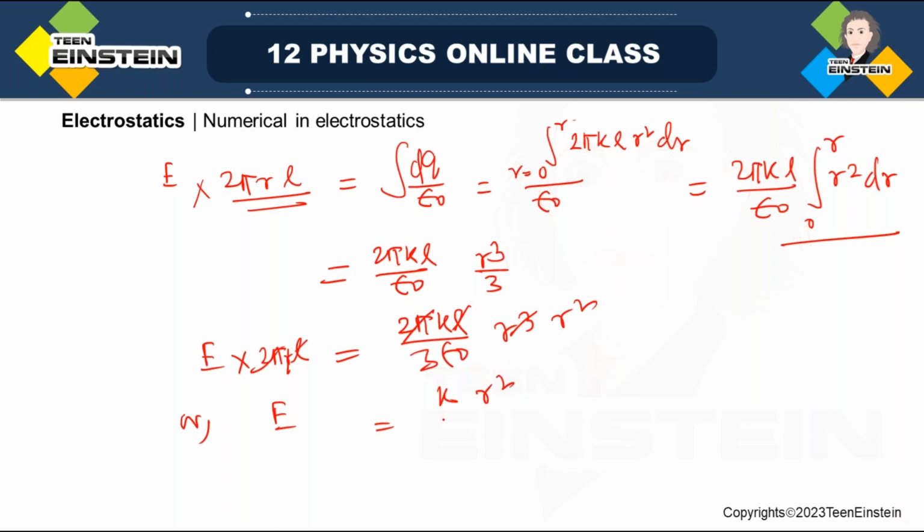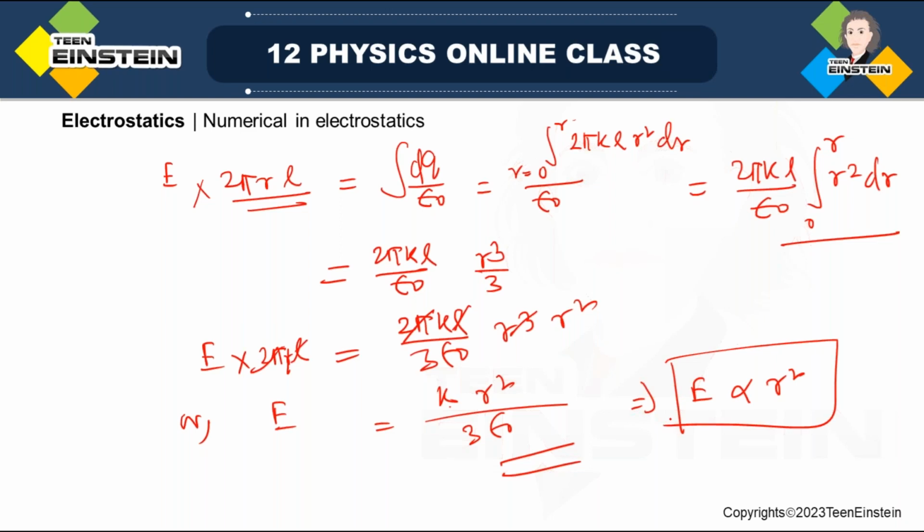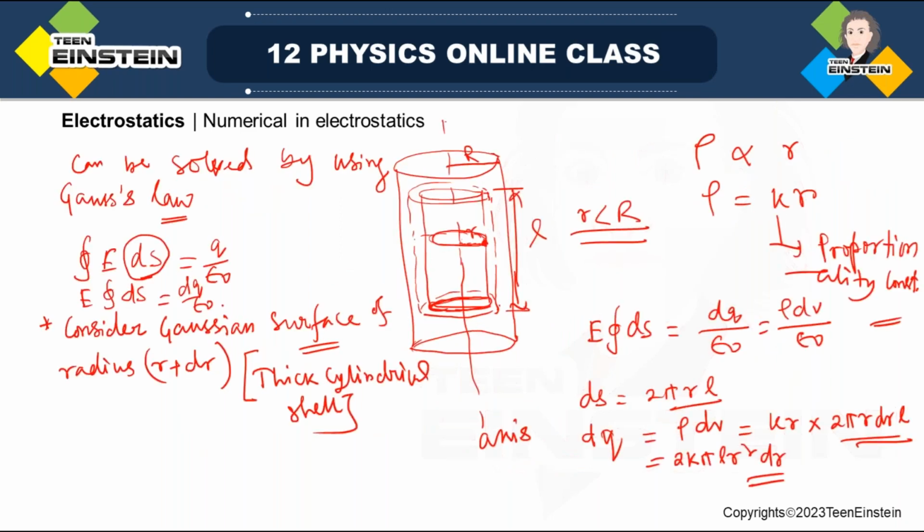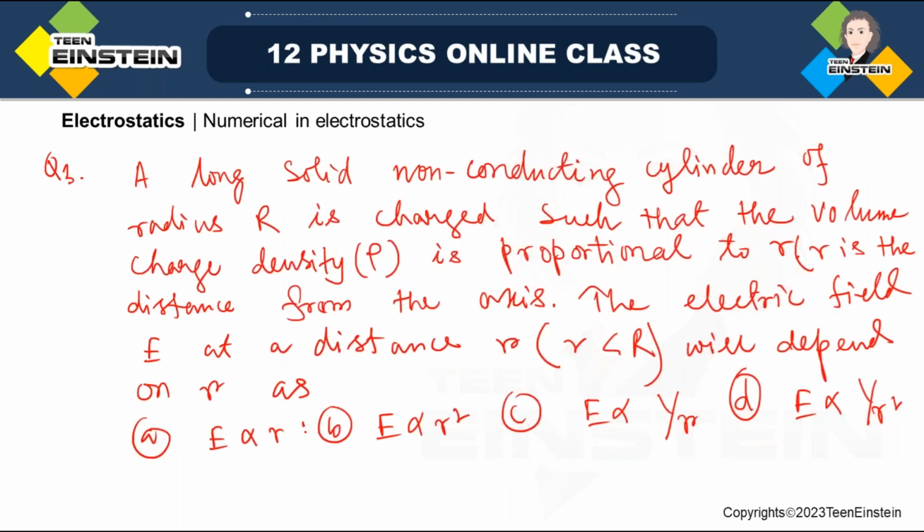So it is k R square by 3 epsilon 0. These are constants, so E is directly proportional to the square of the distance R inside. Let us see the options. This is option B, so option B is the correct answer.